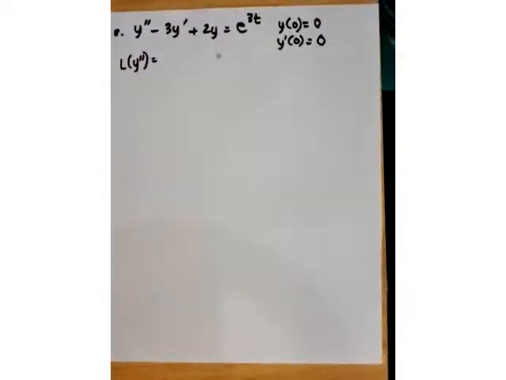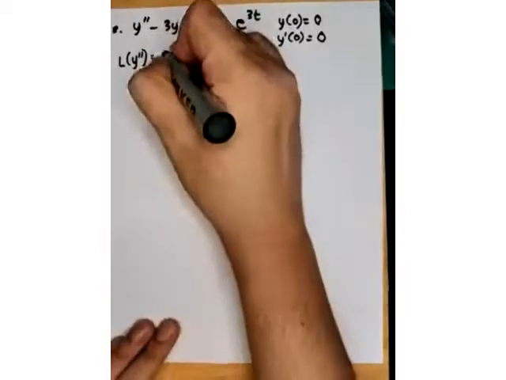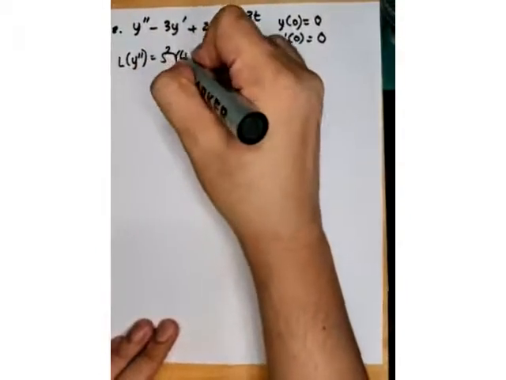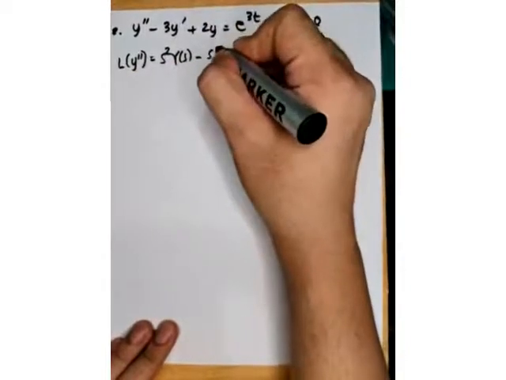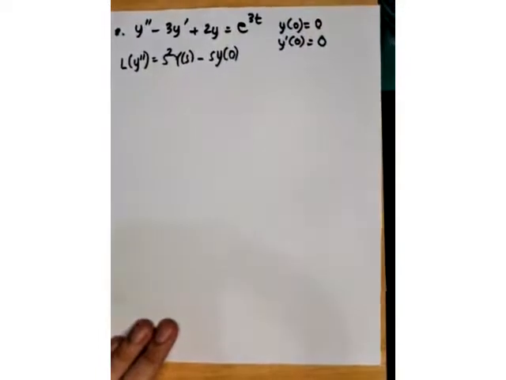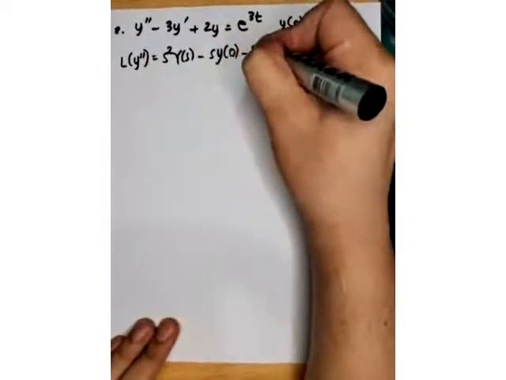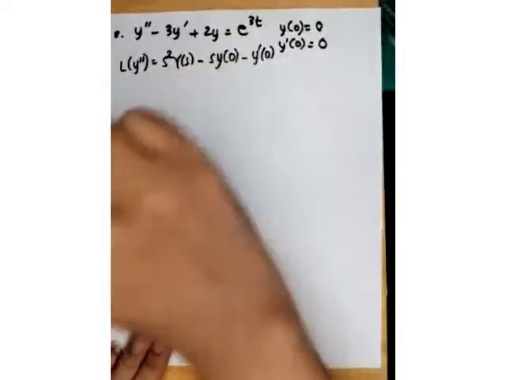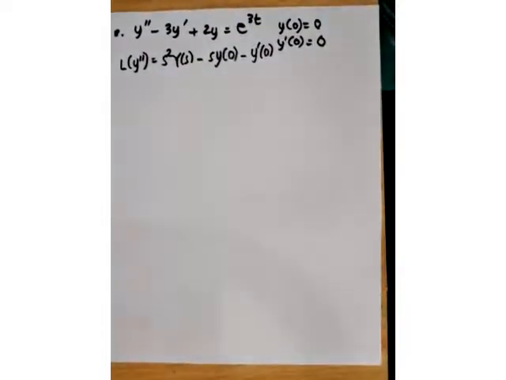So double prime is s squared y of s minus s y when x is 0 minus y prime when x is 0. Ayan. So tama ba ako? So let me share to you again the derivatives natin. Ayan, nandun ako sa pangalawa, yung y double prime. Okay.